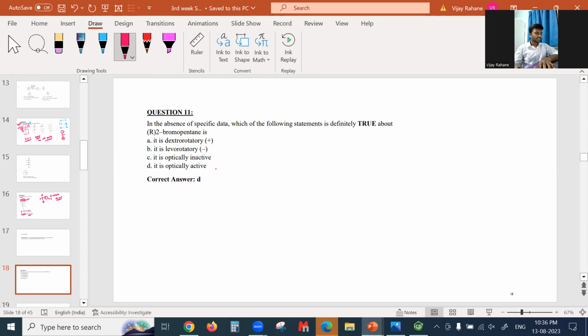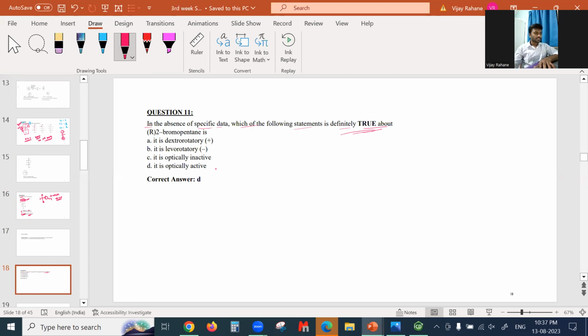And there are also some simple questions given. The next one is: in the absence of specific data, which of the following statements is definitely true? We need to identify which is the true statement about R-2-bromopentane.